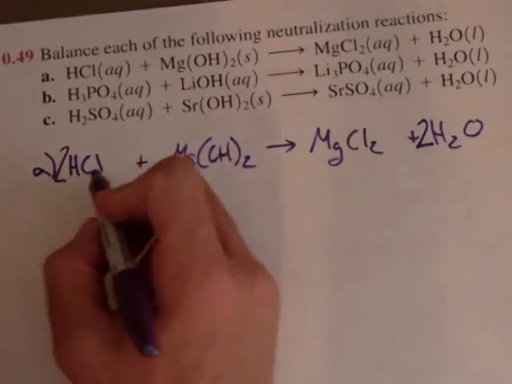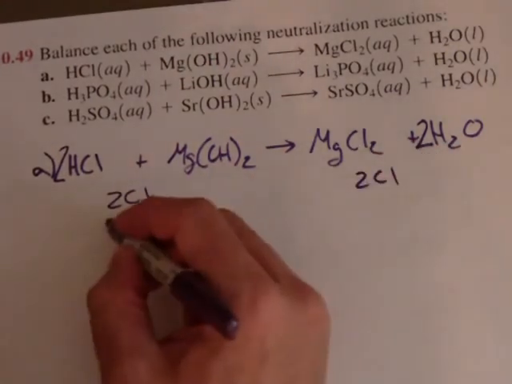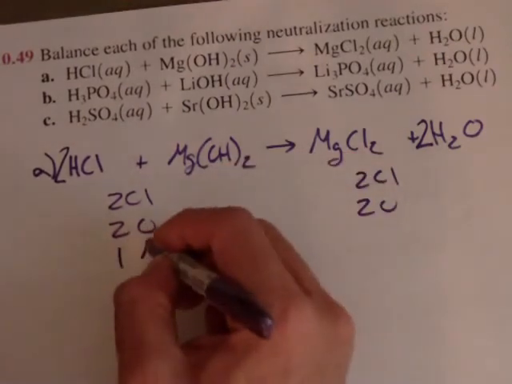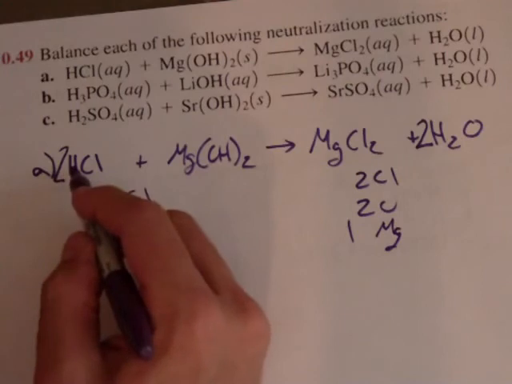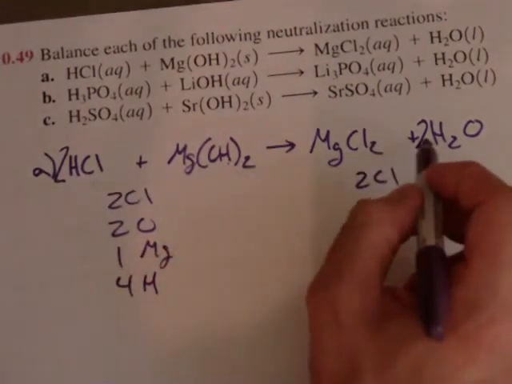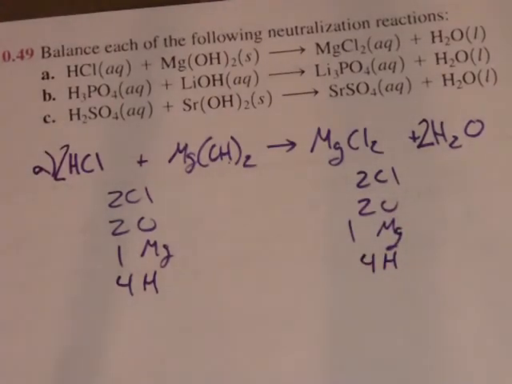Now we have 2 chlorines on both sides, 2 oxygens on both sides, and 1 Mg on both sides. And we have 1, 2, 3, 4 hydrogens, and 2 times 2, which is 4 hydrogens. So we are balanced now.